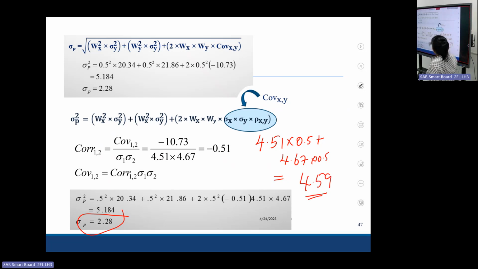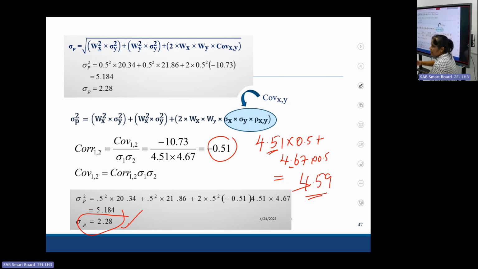So you can see our portfolio standard deviation is 2.28. It is less than the weighted average standard deviation value. The correlation coefficient is minus 0.51. So if I ask whether you have a diversification benefit: yes, there is, because you can minimize the risk to 2.28. If you invest in the individual stock X, the risk is 4.51; if you invest only in Y, this is the risk.